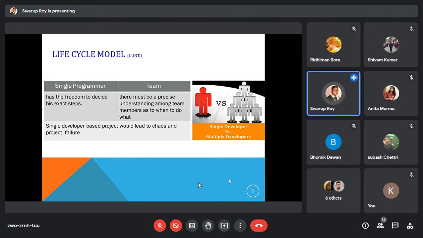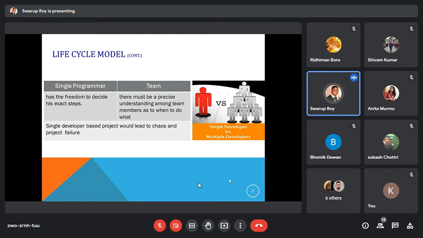This normally happens in single developer projects also. You start with one point, end with no discussions, and at the end you observe that you have missed a major part. So normally that leads to software failure, project failure.